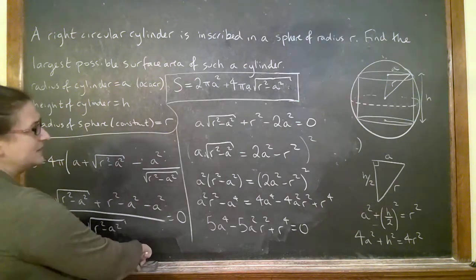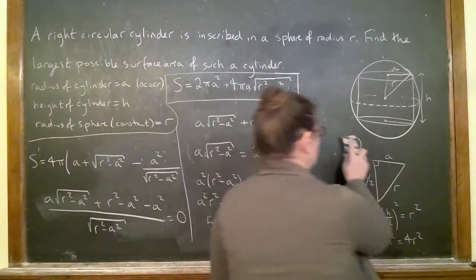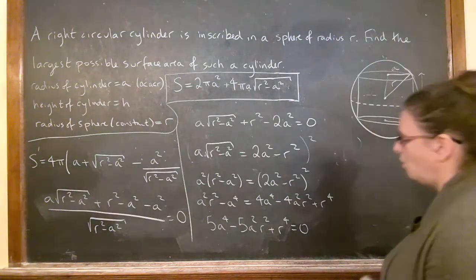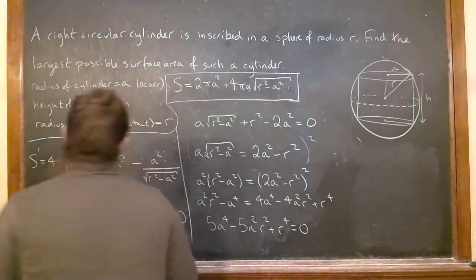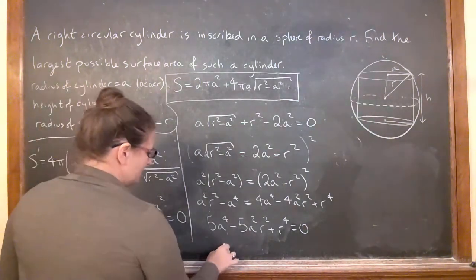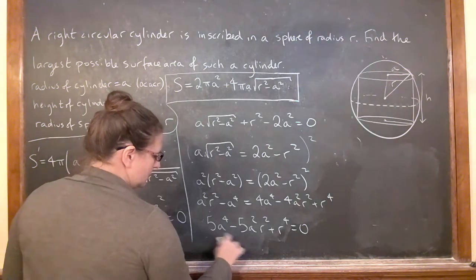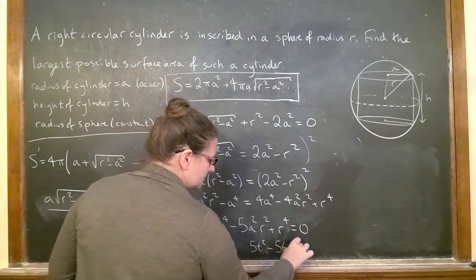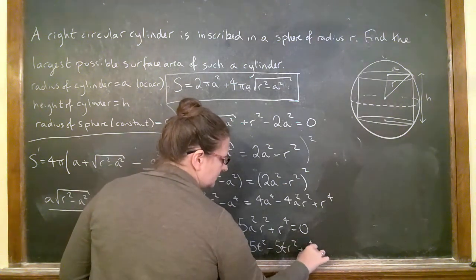Okay, so this thing is essentially quadratic in a squared. What do I mean? I hate to introduce another variable, but you can think about if a squared is t, this would be 5t squared minus 5t r squared plus r to the fourth is equal to 0.